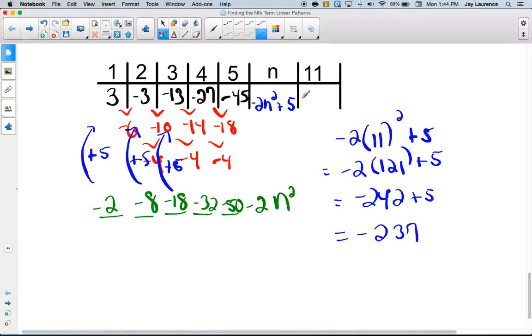And there it is, negative 237. Oh, nope, that's incorrect. No, that's right. It's not plus, yeah, it is plus 5, silly me. Negative 237. Sorry, for a minute I thought I had a silly mistake, but that should be right.